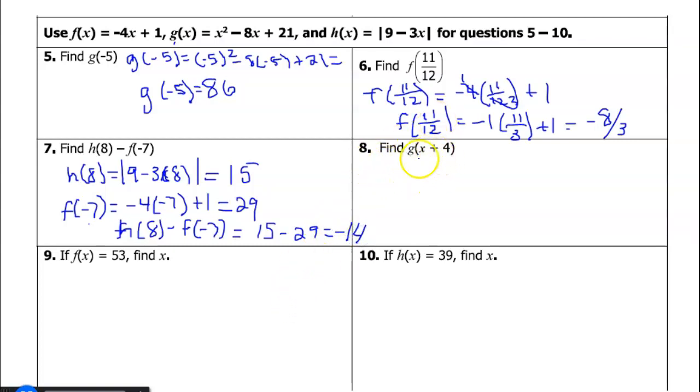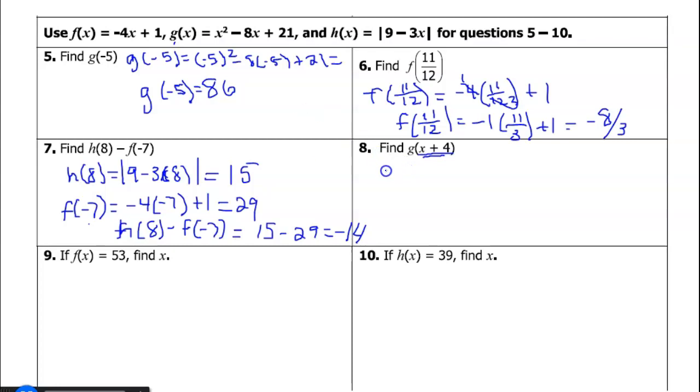All right, let's go to the next one where they say find g of x plus 4. Now we're evaluating, we're going to plug in x plus 4, or the function, inside of g. Okay, so we have like a composite going on here. Well, g of x is x squared minus 8x plus 21.